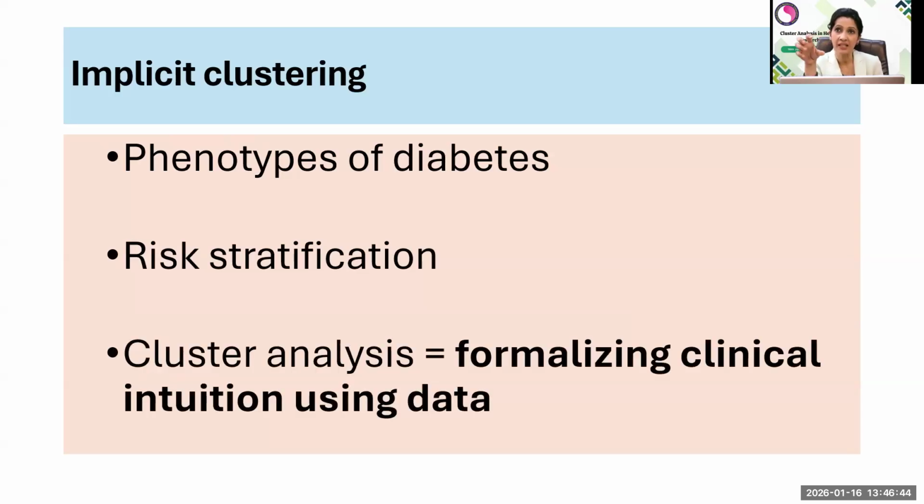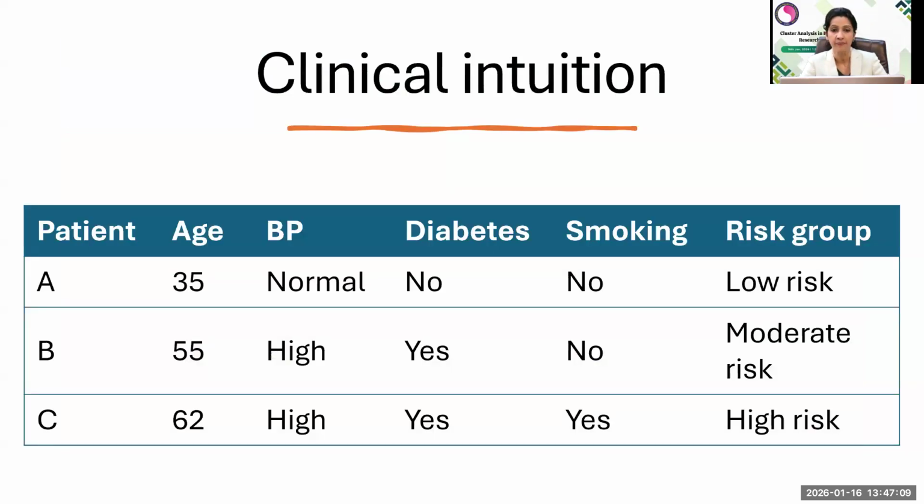But what cluster analysis does is formalize this clinical intuition into visible clusters. Because it is based on data, we can use it for clinical judgment, and this is more of an objective criterion, not a subjective one.